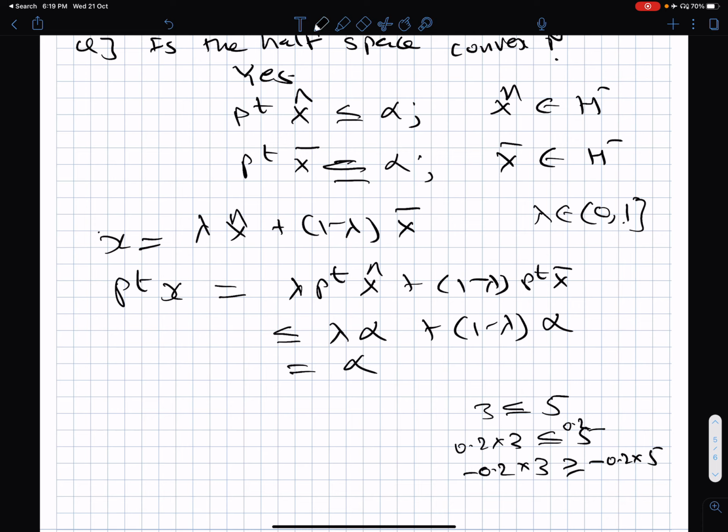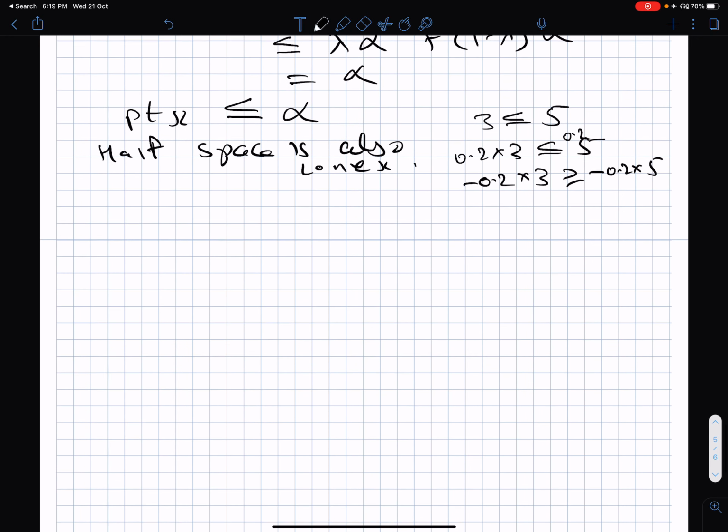So I get that p transpose x is less than or equal to alpha, and hence a half space in R^n is also convex.